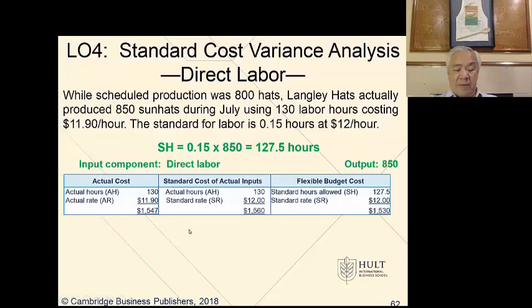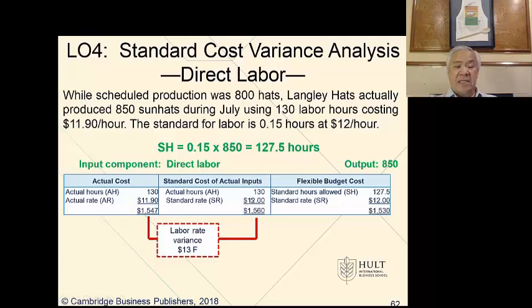Let's look at why did that happen. The rate variance was favorable. Notice that the rate we paid was $11.90. The standard was $12. We got 10 cents less per hour, and that generated $13. Then we look at efficiency. It should have taken 127.5 hours, but it took us 130 hours.